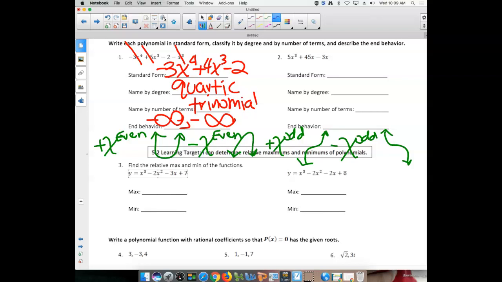What is our highest degree there? 5x to the third. Okay. And then we're going to have, I'm going to say plus 42x, okay? Degree, what am I going to call this? Cubic and binomial.